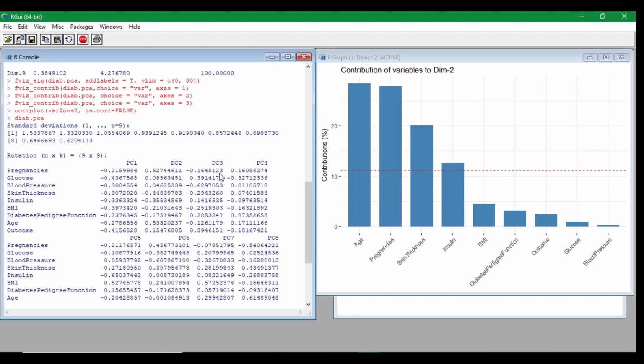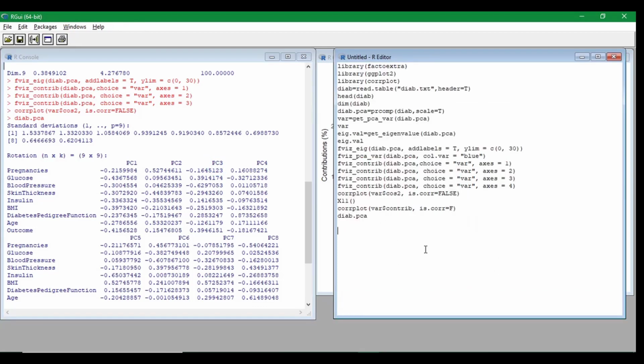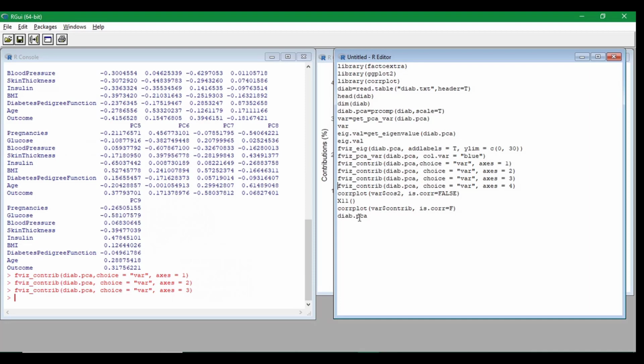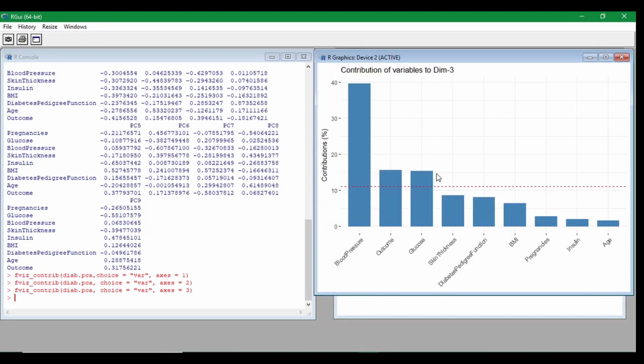Now we're just going to analyze principal component 3 as the final one, so we can just load the contributions of principal component 3. So here are the contributions of principal component 3. We have blood pressure, outcome, and glucose.